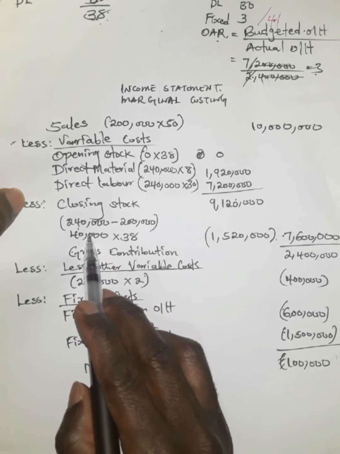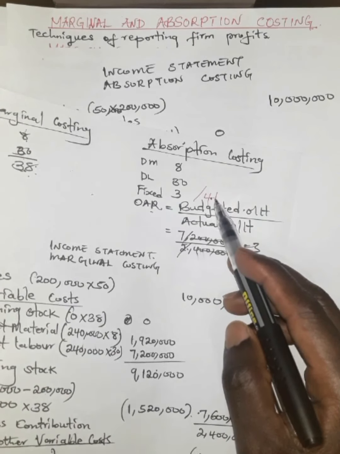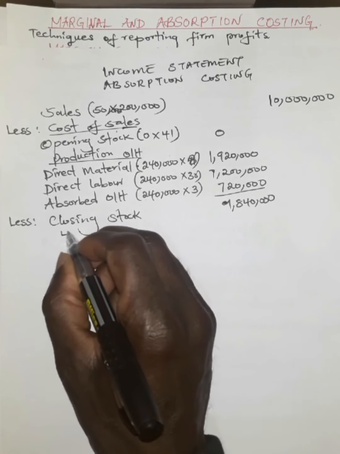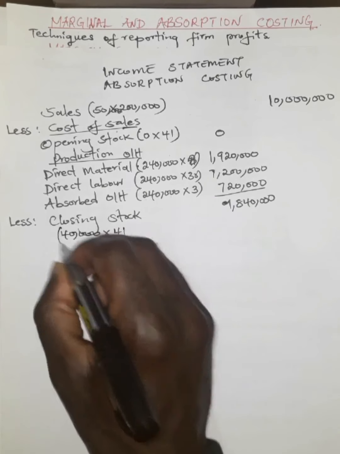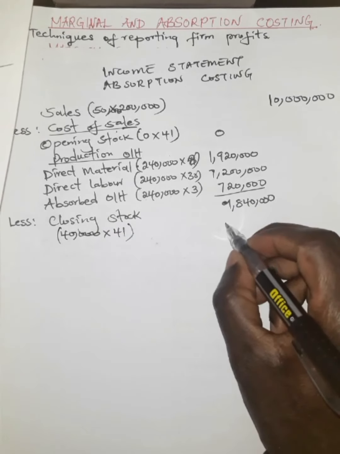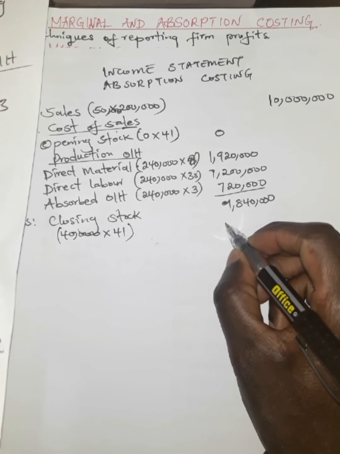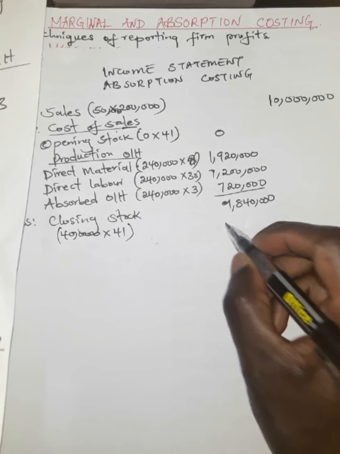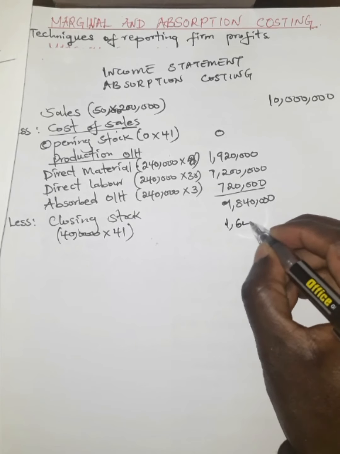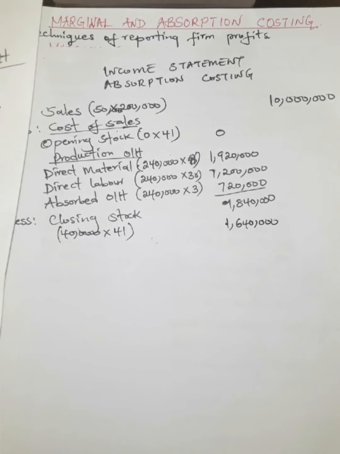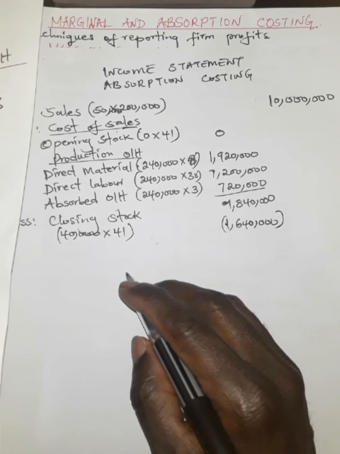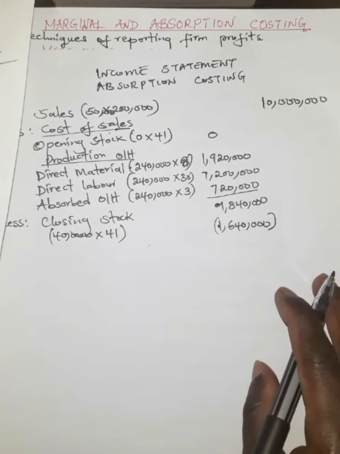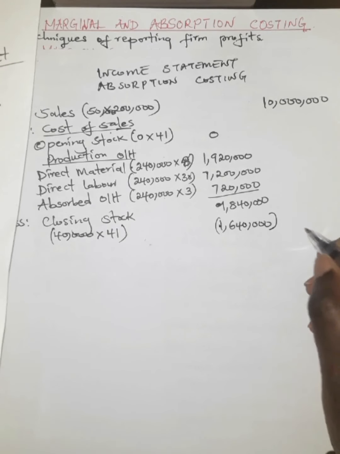It is 40,000 times the standard unit of 41, and we get a value of 1,640,000.